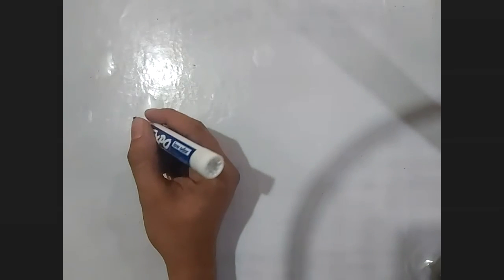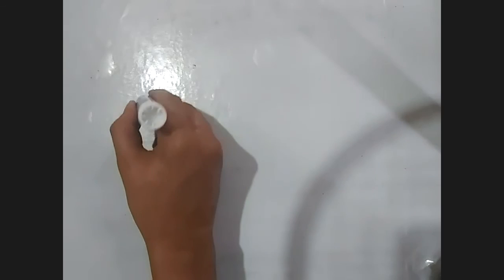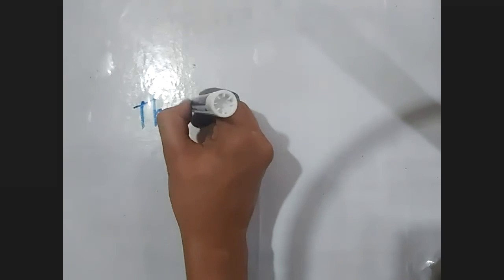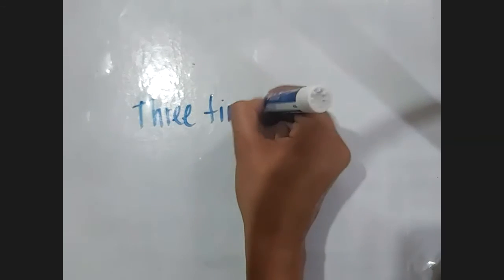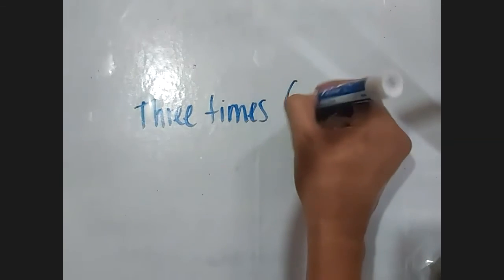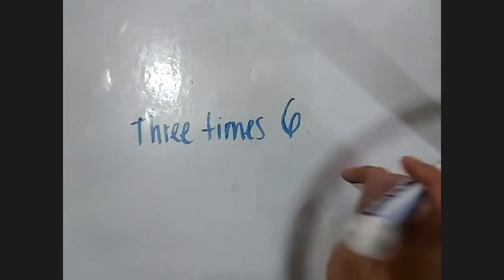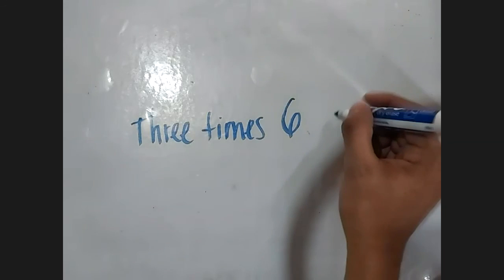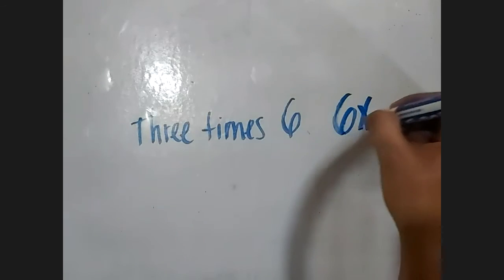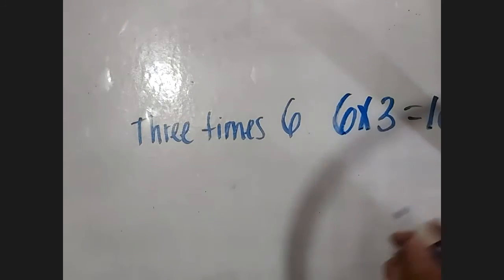The next one says, what does it say in number 2? What does it say there? Look. 3 times 6. 6 times 3, 18. Okay, and they wrote it like this, right? 6 times 3, 18.